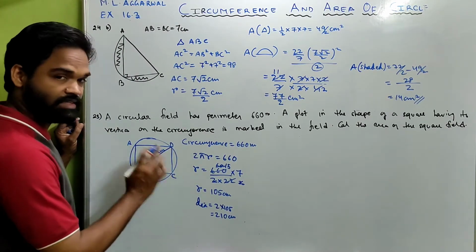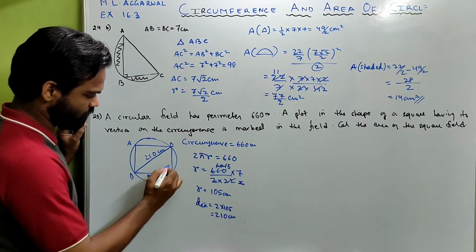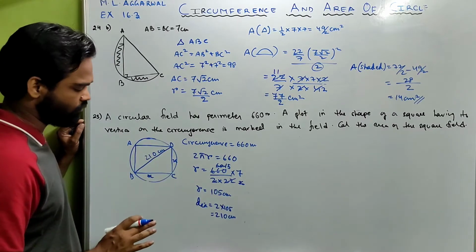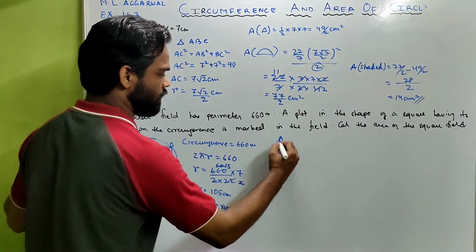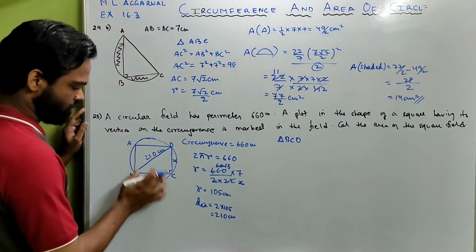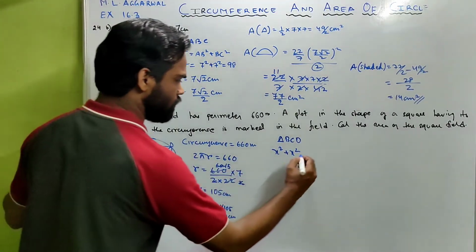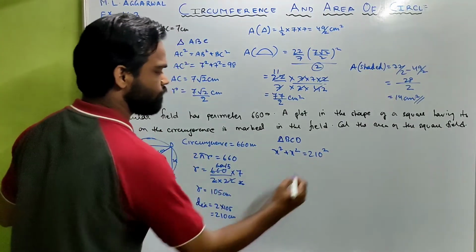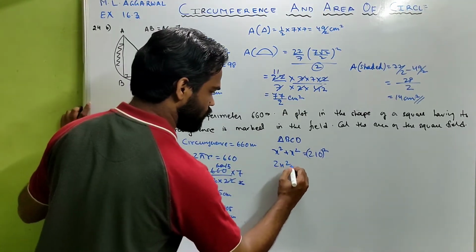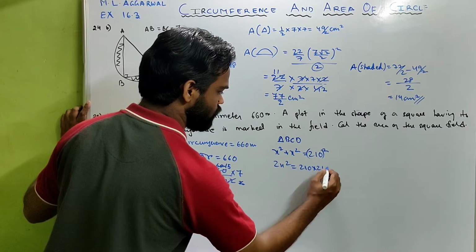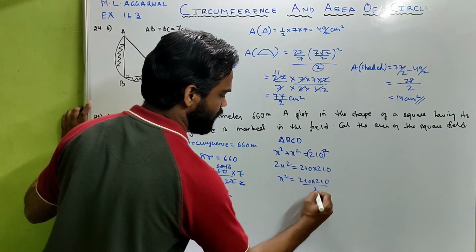Now, since ABCD is a square, suppose this side is x, and this is x, all the sides will be equal. So in triangle BCD, if you see, x square plus x square will be equal to BD square, which is 210 whole square. Am I correct? Which is 2x square equals 210 multiplied by 210, which is x square equals 210 multiplied by 210 by 2.